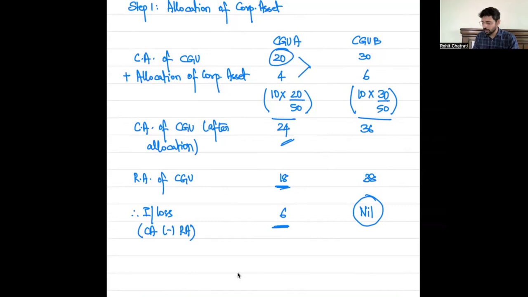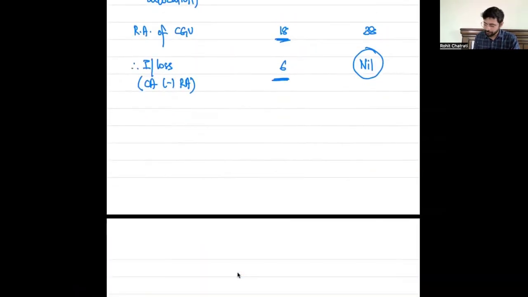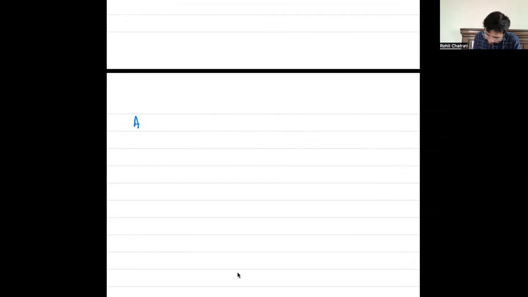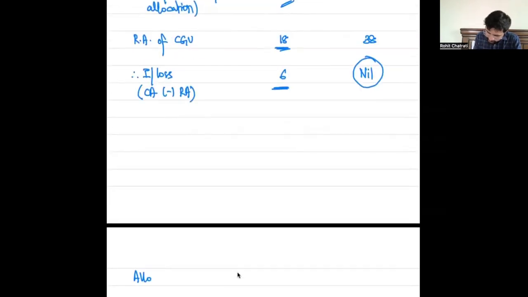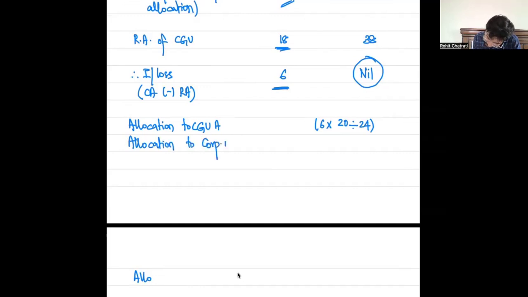All right, how are we going to allocate it? Allocation to CGU A is going to be 6 into 20 divided by 24, and allocation to corporate headquarters or corporate assets is going to be 6 into 4 divided by 24.